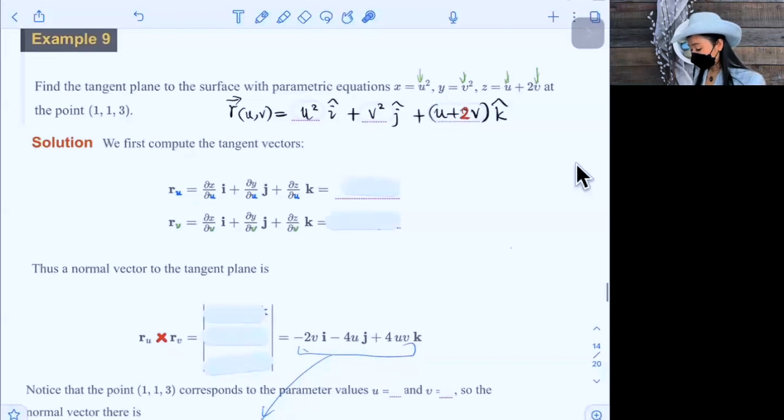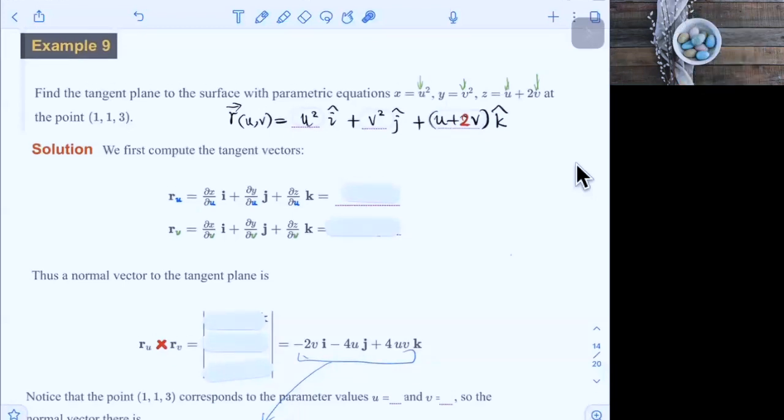Now we're going to compute. Remember, we're trying to compute R_u and R_v. In order to find the normal vector, we need to compute these, and later take the cross product, right? So what is the partial derivative of this with respect to u?